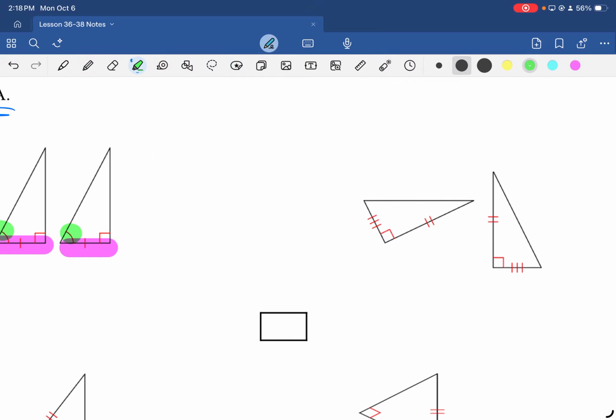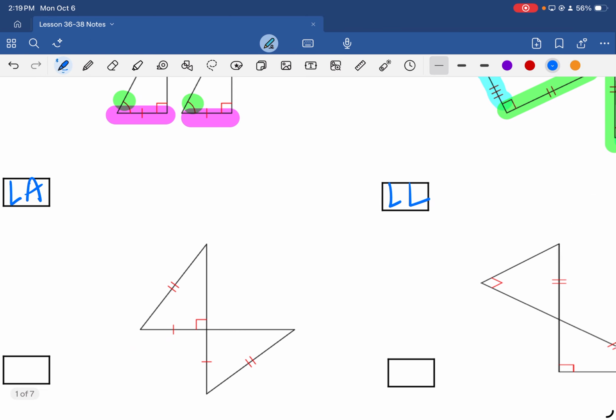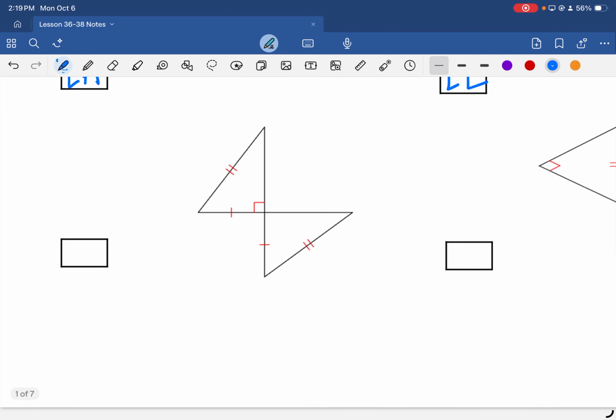We have the leg and we have another leg. Any idea? LL. Very good. LL, which stands for leg leg. Okay, down here we have the leg and we have the hypotenuse. HL, hypotenuse leg. Excellent.